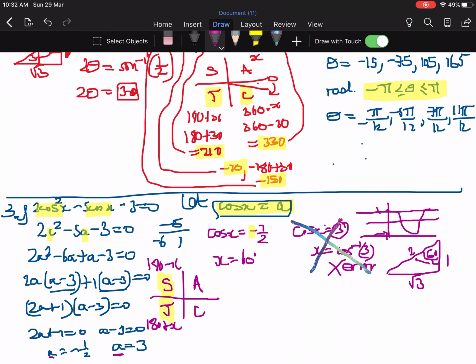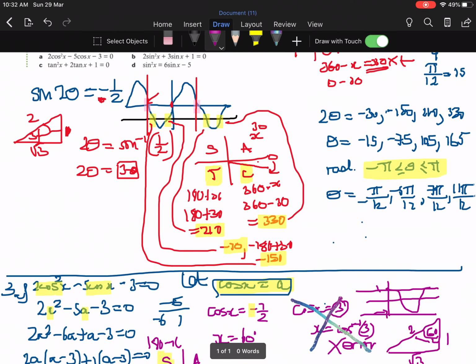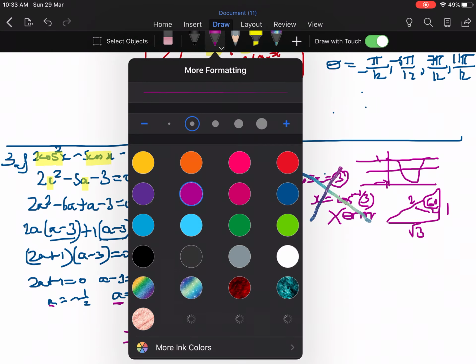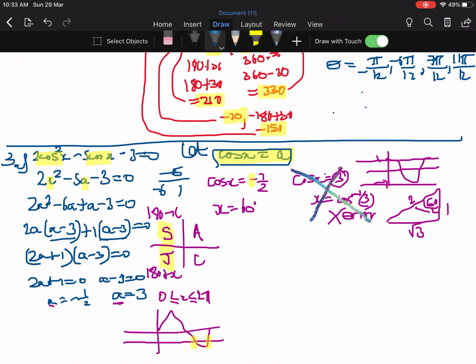Now, the range is from 0 to 2 pi, so that's nice and easy. It's in radians, and it basically just means from 0 to 360. So if I drew the cos graph and I put in negative a half, I'm basically just looking for these two values in here. So 60 is not the answer. I've got to use the negative quadrants.